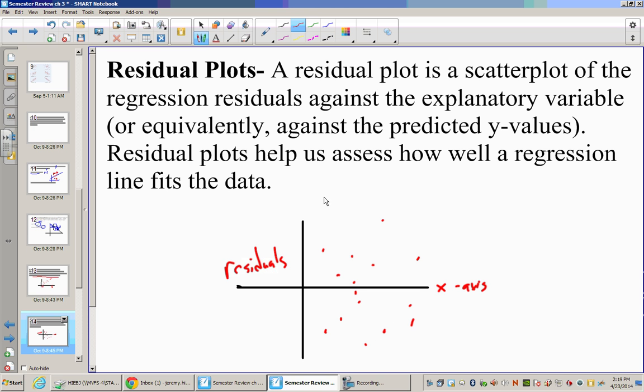Now we're going to use the residuals to tell how well our points model a linear situation. If it's scattered like this, we would say that the original data would be linear, or approximately linear. If there was some curve in the data, like this, that is not a good sign. That would tell us that the data probably is not a linear set of data. So this is what we do not want in our residual plot.